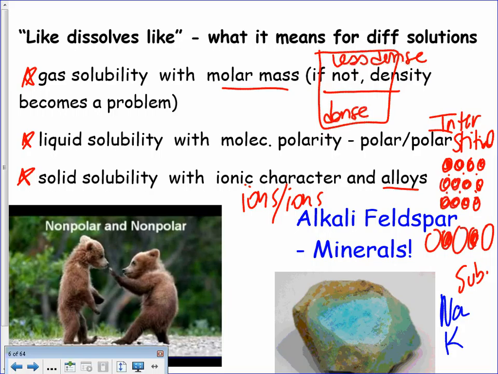Things that are really heavy, like carbon dioxide, 44 grams per mole. It's very dense. Versus something like neon's what? 20 grams per mole. Things that are less dense will float, things that are more dense will sink in a gaseous mixture. So they're able to better mix if they're similar in their molar mass.